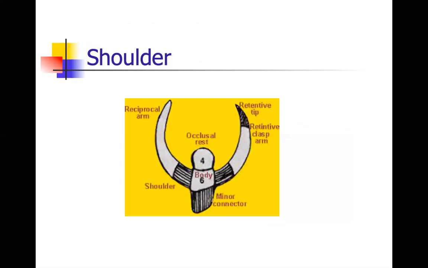Shoulder, this one. This is the shoulder. The shoulder is that part of the clasp which connects the body to the clasp terminals. It lies above the height of contour and provides stability against horizontal movement. The body is that part of the clasp that connects the wrist and shoulders of the clasp to the minor connector.